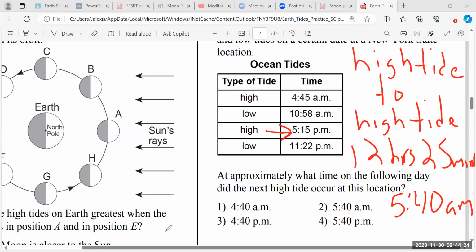Because 12 hours later would make it 5 a.m. And then 25 minutes later, 15 plus 25 would give you 5:40. So the correct answer is 5:40 a.m. Simply because when you go from a high tide to another high tide, it takes 12 hours and 25 minutes.